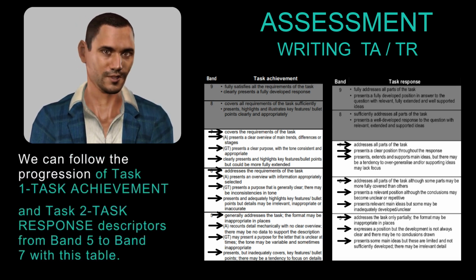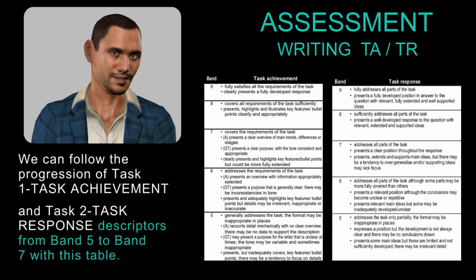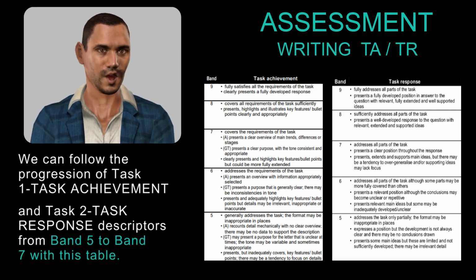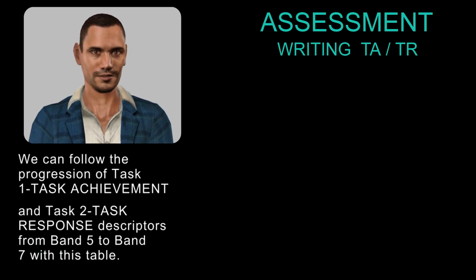We can follow the progression of task 1, task achievement, and task 2, task response descriptors, from band 5 to band 7, with this table.